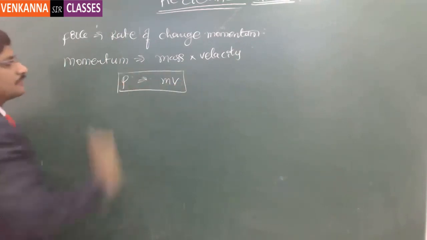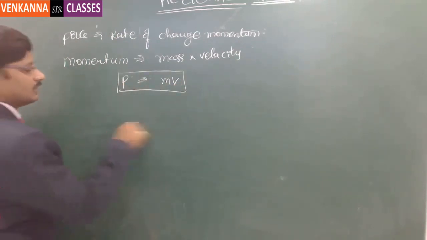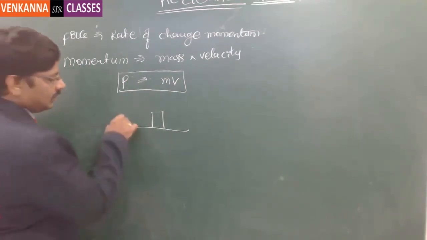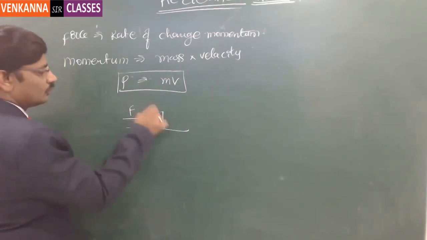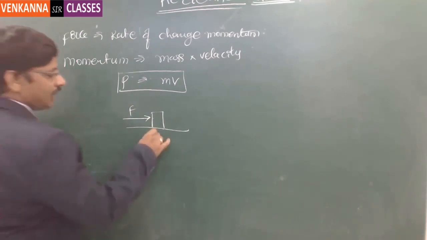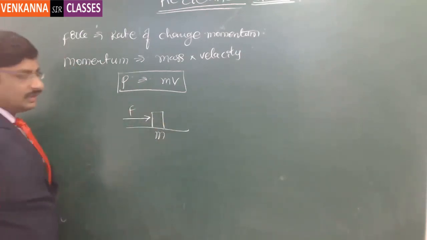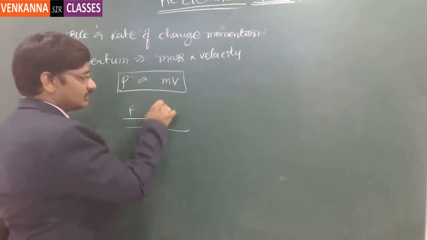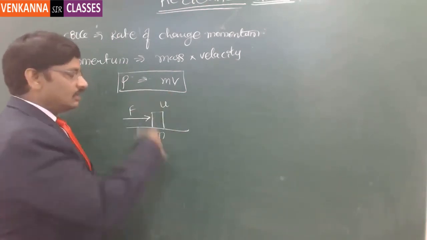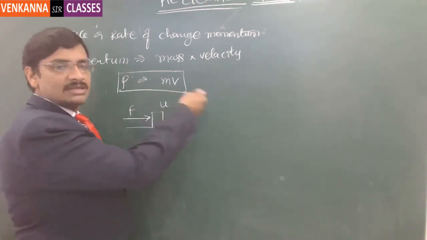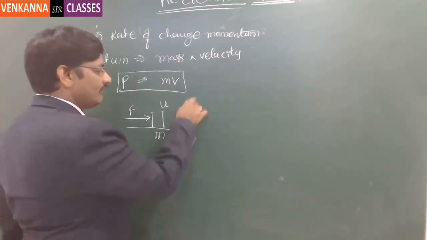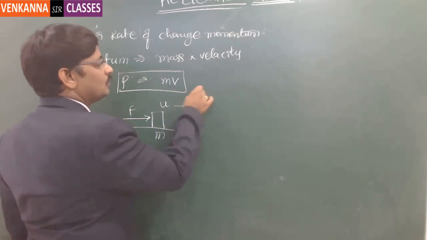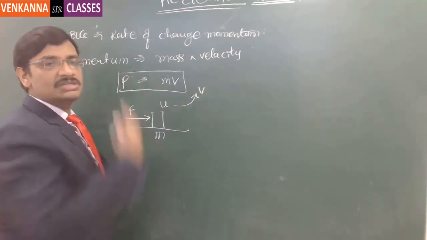Now rate of change of momentum means, if there is a block of mass m and you want to apply a force to move this block, let us say it is already traveling with a velocity of u, and then you want to increase the velocity of this mass to a velocity of v. Now this is raised from u to v, so there is a change in the velocity.